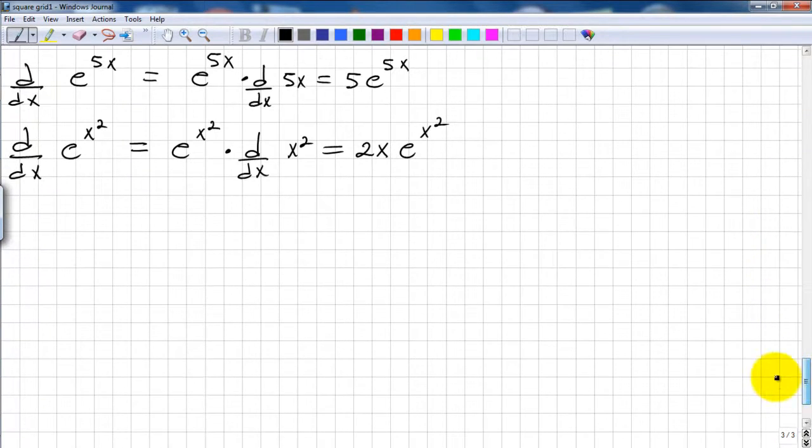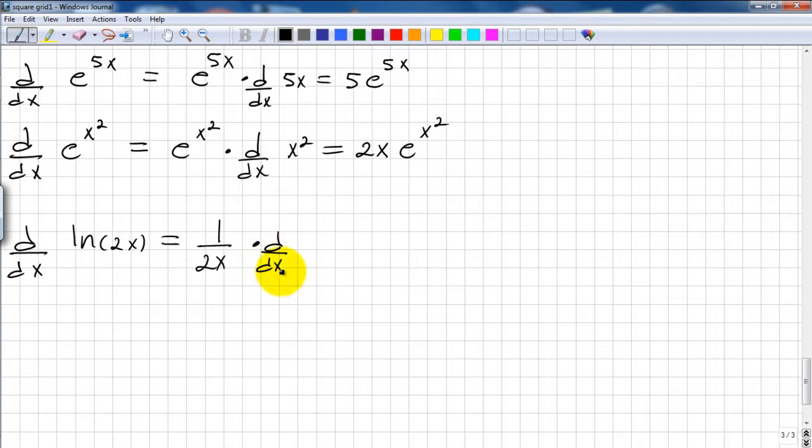So now let's do the LNs. So if you remember, the derivative of ln of x is 1 over x. In this case, it would be 1 over 2x, that's the derivative of the outside, times the derivative of the inside. Since this is 2.